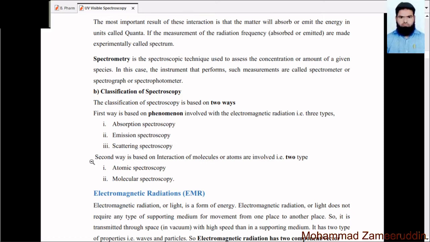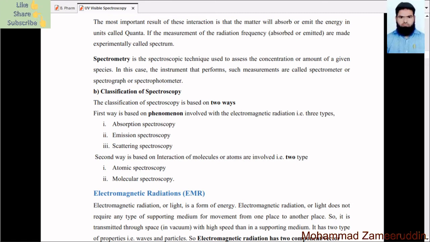Now the second way is based on the interaction of molecules or atoms, meaning what type of matter is involved. So the first criterion was the way of interaction, and the second criterion is which type of matter is interacting. Based on that, we can classify the techniques into two major classes: atomic spectroscopy and molecular spectroscopy.